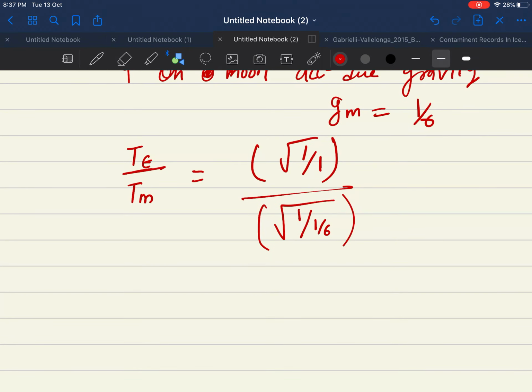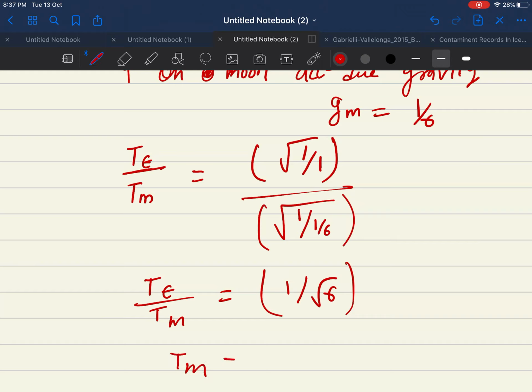Now when you solve this, you get TE by TM is equal to 1 by under root 6. So we can say TM is equal to under root 6 TE.